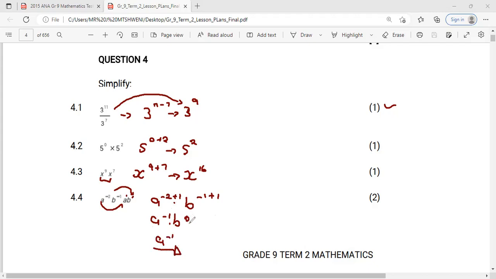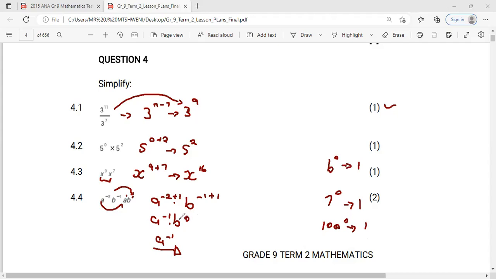Any number, I forgot to state this law: any number raised to exponent 0 is 1. When you say 7 to exponent 0, and you punch your calculator, you find that it's 1. You can say 100 to exponent 0, you'll get 1. So that's why, even if we're talking about a variable to exponent 0, it is 1. So that's why now I just put a to exponent negative 1, and it's like I have forgotten about this one.